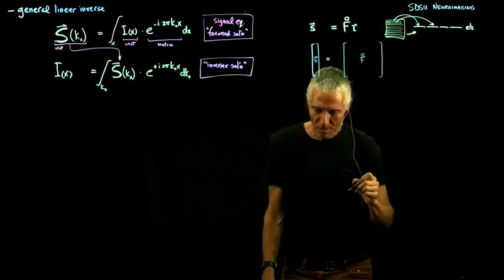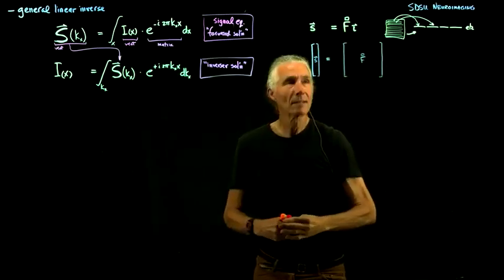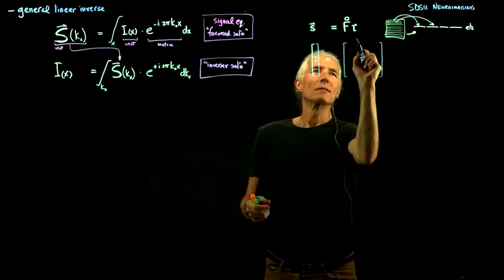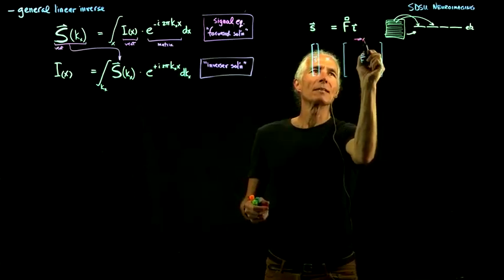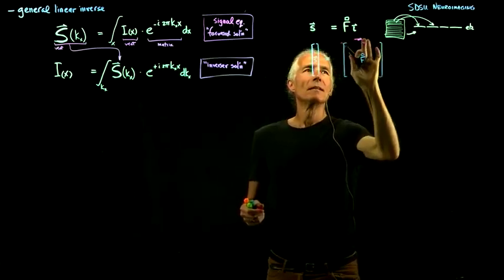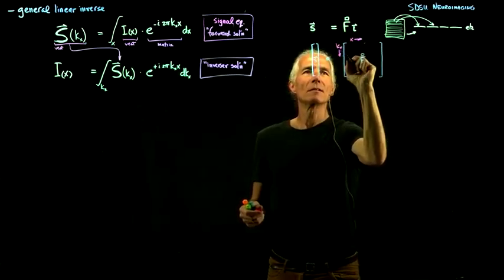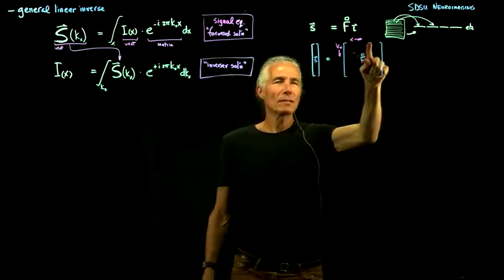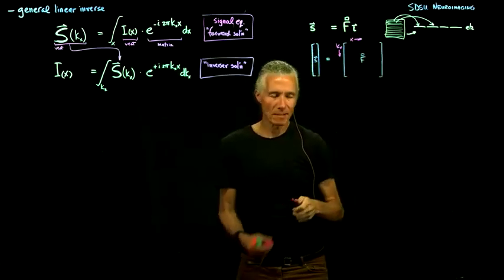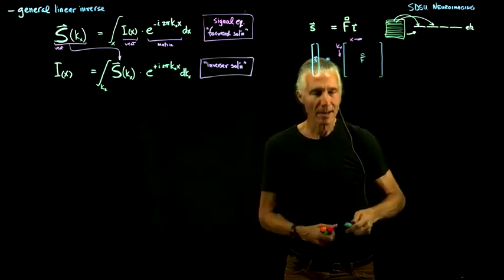What are the dimensions of this matrix? So x is going in that direction, and then kx is going in this direction, so that there's a table of all the possible combinations of x and kx.